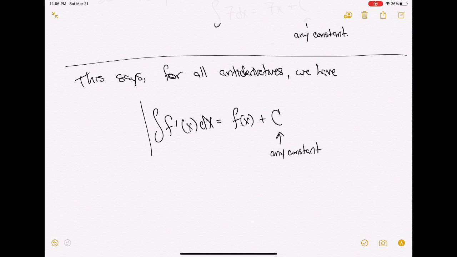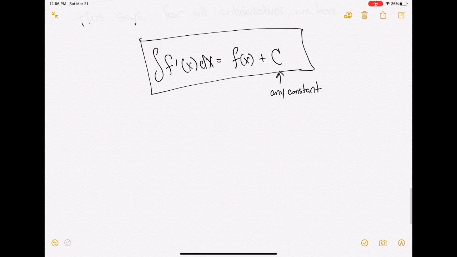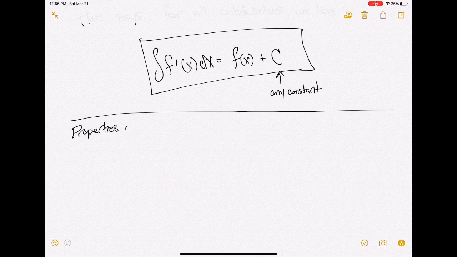And so I'm going to circle this now because this is a pretty big deal. And then I'm going to give you some of the generic rules that we're going to follow when we're taking antiderivatives. So here's the properties. Properties of antiderivatives.